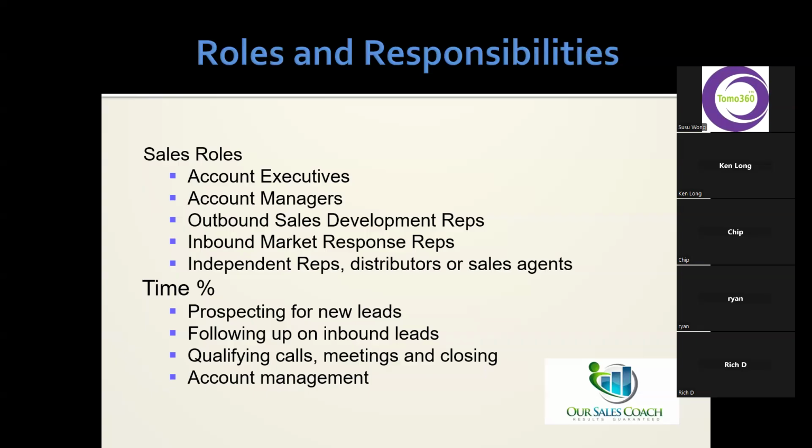Because if they're spending, say, 20-25% or more of their time in any one area, maybe you need to fill in those gaps with someone else, because you don't want them bogged down on things that are going to prevent them from closing more opportunities. Okay.